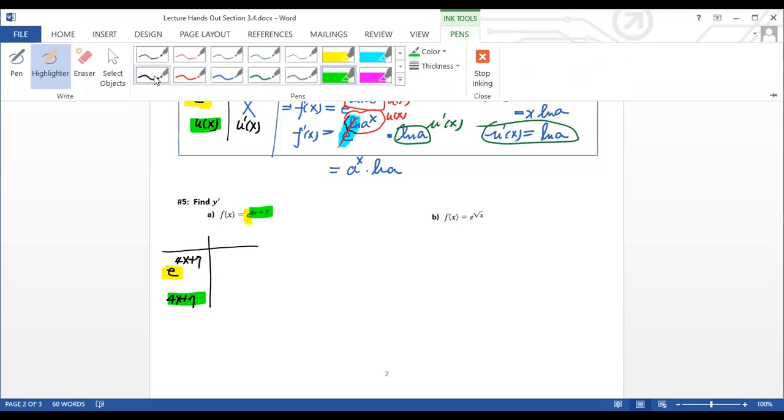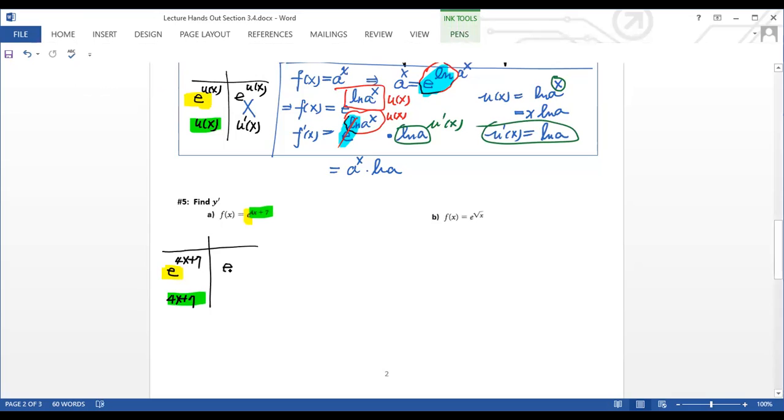Now you take the derivative. So the first layer is e, will just be itself, e to the 4x plus 7. And then the 4x plus 7, you take the derivative will be what? 4, then you times it. So what is the final answer? This will be e to the 4x plus 7 times 4, or you rewrite it into a better form, 4 e to the 4x plus 7, okay?